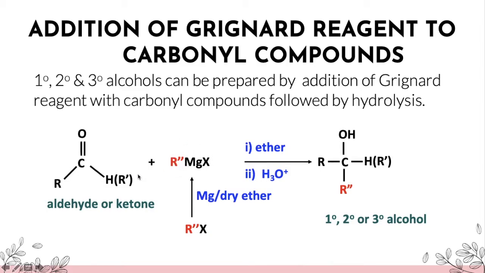The product reacts with carbonyl compounds, whether it's aldehyde or ketone, in the presence of ether and acidified water, and the product will be alcohol. So it's either primary, secondary, or tertiary alcohol. The product will depend on the reactant, whether you use aldehyde or ketone.